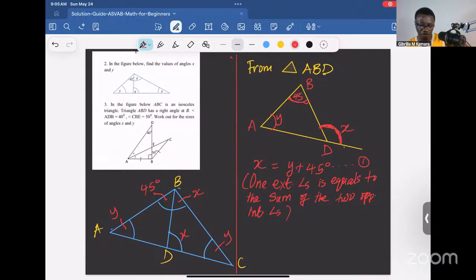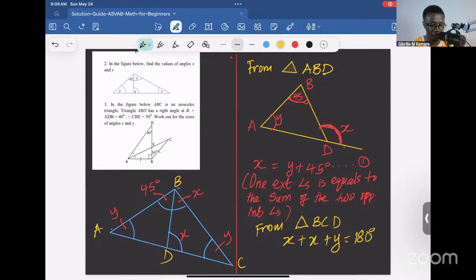Now we are going to look at the other triangle, which is BCD. From triangle BCD, we can say X plus X again, plus Y is equal to 180 degrees. Why?